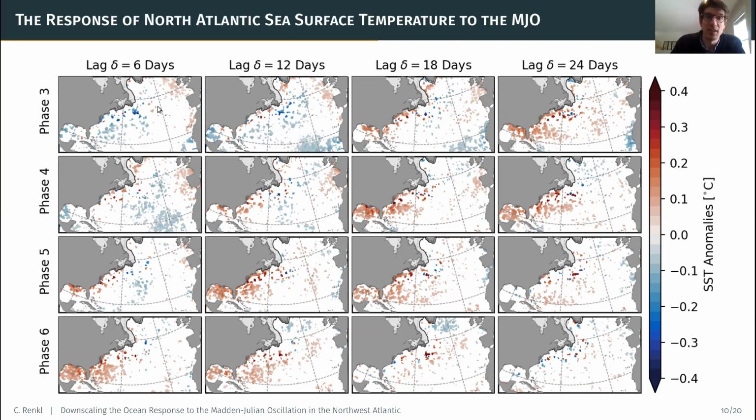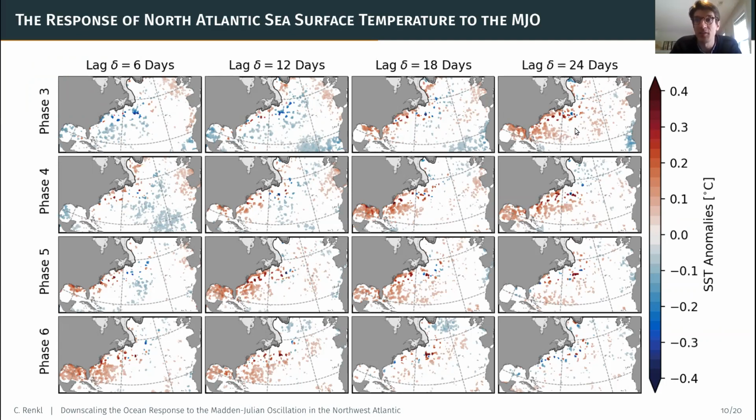So as you can see, with increasing lag after phase 3, for example here, 24 days after phase 3, we see a significant widespread positive SST anomaly, especially in the Western North Atlantic, particularly in the Mid-Atlantic Bight and in the Gulf of Mexico, but also extending here into the Sargasso Sea.